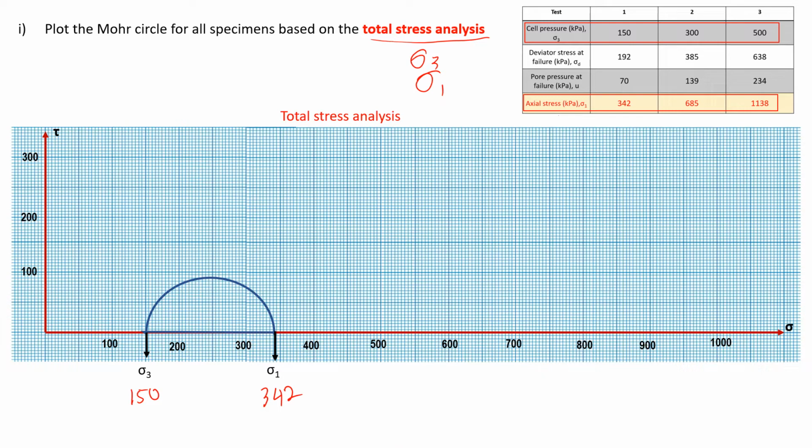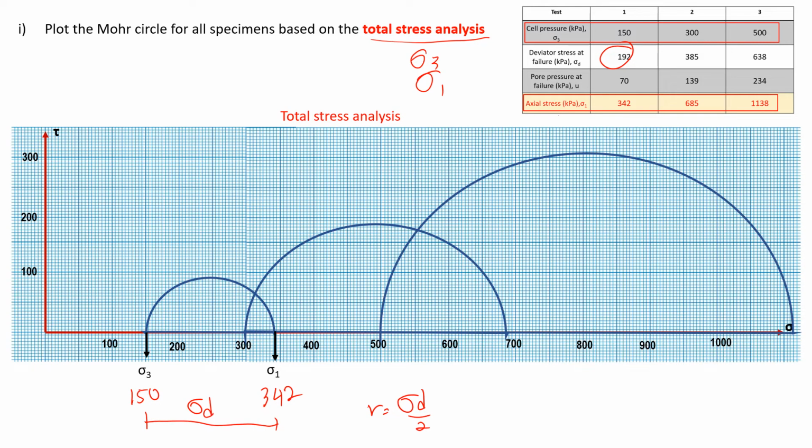So how to plot this? Similar to the CD test, you need to know the center of the circle. However, here we know that the diameter of this circle is the sigma D, which for example here is 192. So in order to get the radius, you just need to divide the sigma D by 2. So you will have the radius of the circle. Then you need to plot all the Mohr circles for all 3 specimens. This is for the total stress analysis.